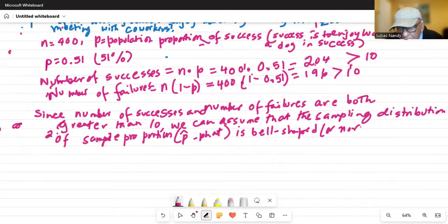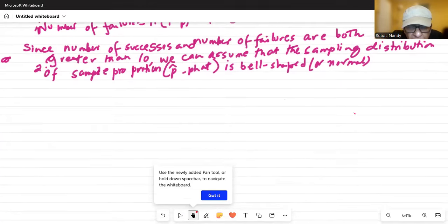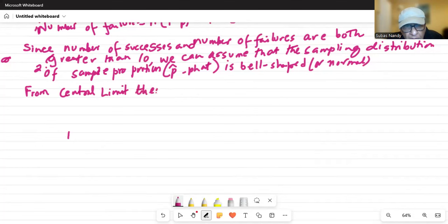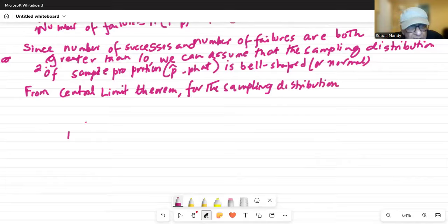Okay. Now, if I move this a little bit up, from the central limit theorem, for the sampling distribution of p hat, mu p hat, the mean, is equal to the population proportion of success.